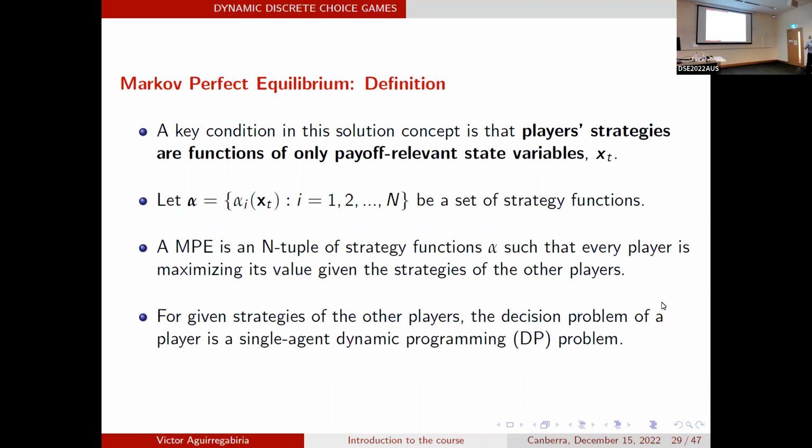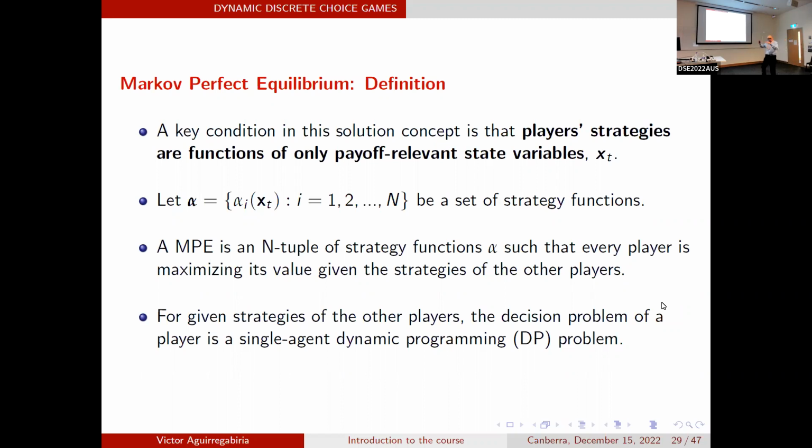It is that if we consider a meta game where these players could choose how much information they use to play their strategies. They say, okay, I can condition my strategies only on today's payoff relevant variables, but I can condition also on some history, okay? And I can decide how much history of the previous states I use to determine my strategy, okay?